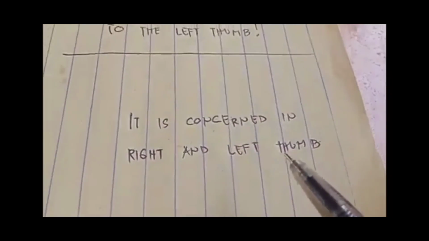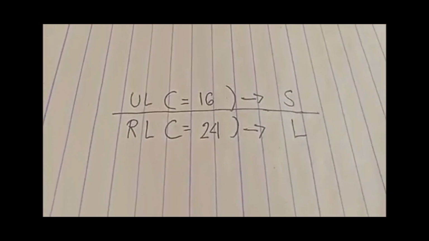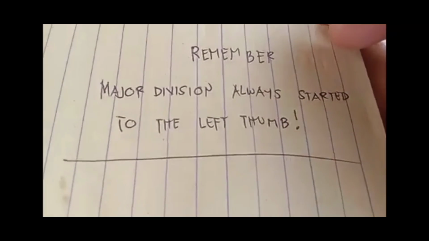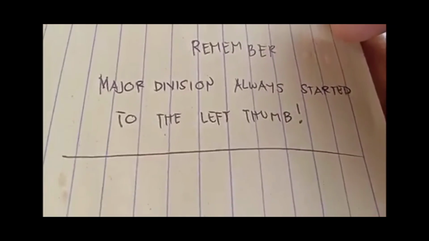So we will proceed to the problem. As I said, the major division always starts with the left thumb, so we will start at the denominator, or at the bottom. We have here a radial loop. It has a ridge count of 24. So we will look for its symbol in table 1.